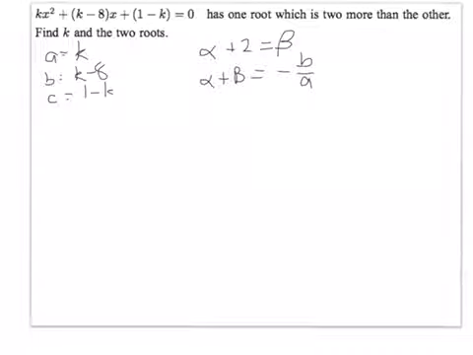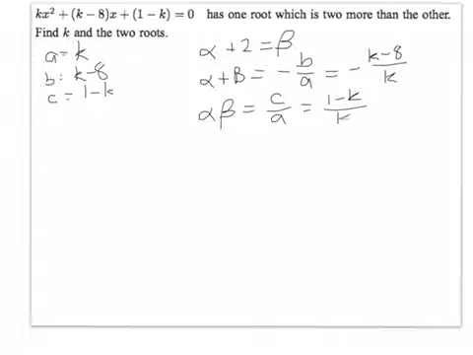We also know that the product, alpha times beta, needs to be equal to c over a. Now, negative b over a would be negative k minus 8 over k. And then c over a would be 1 minus k over k.